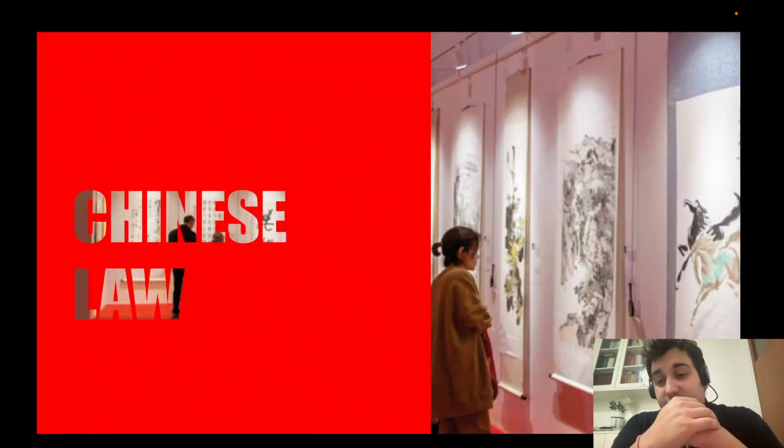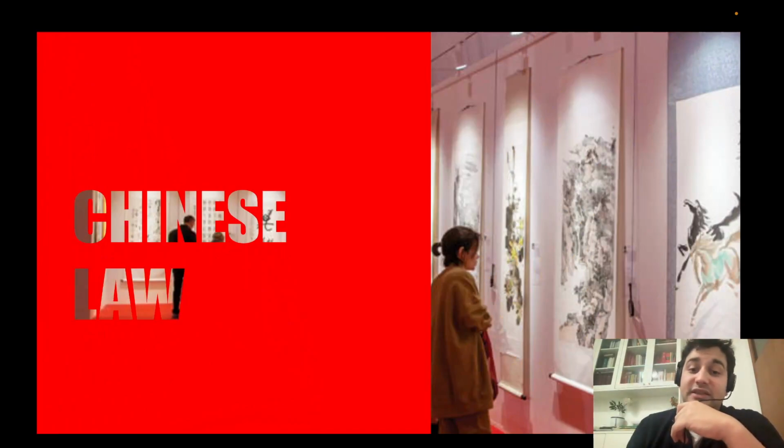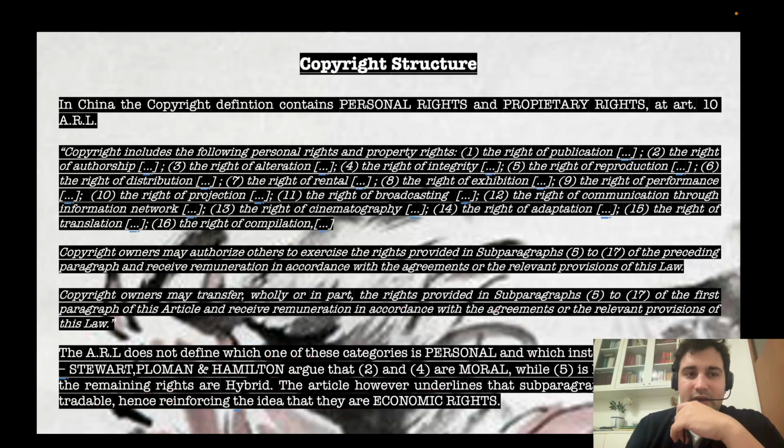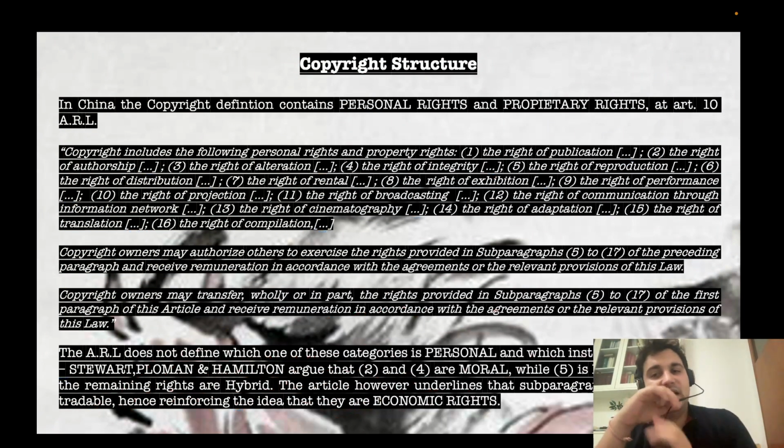Now, let's go to the last bit of our comparison, that is the Chinese law. Okay, the copyright structure in China is way broader than Section 106 in the US, or the InfoSoc Directive and Term Directive and so on in the European Union.